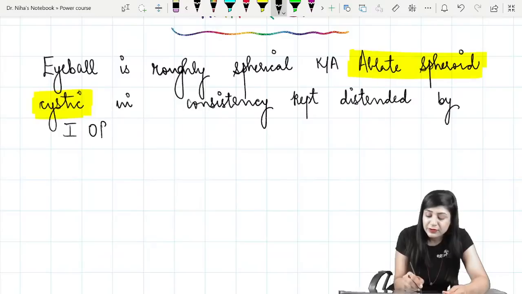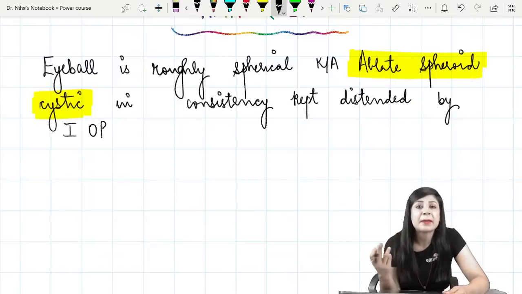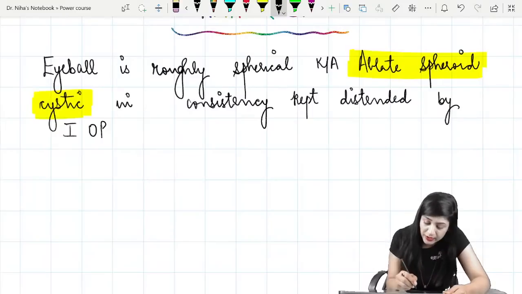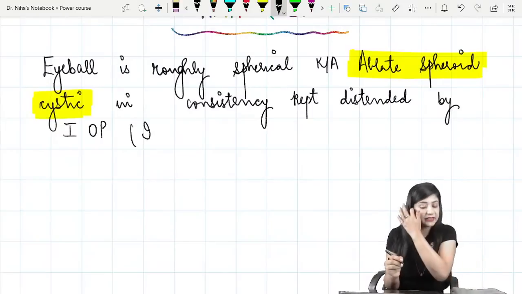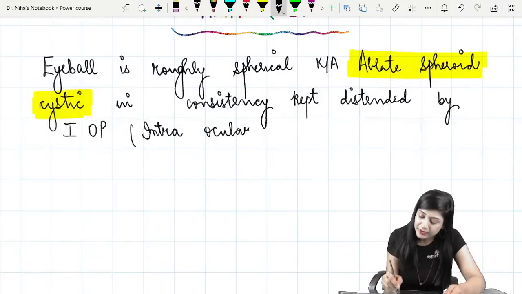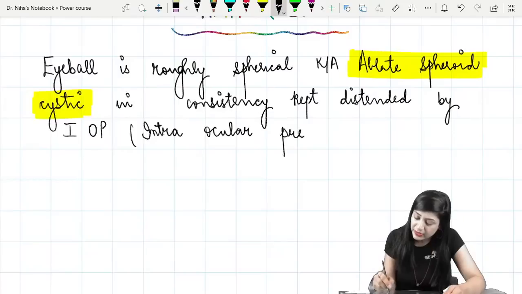Whenever we have fluid, it will exert a pressure. The pressure in the eyeball is called intraocular pressure.